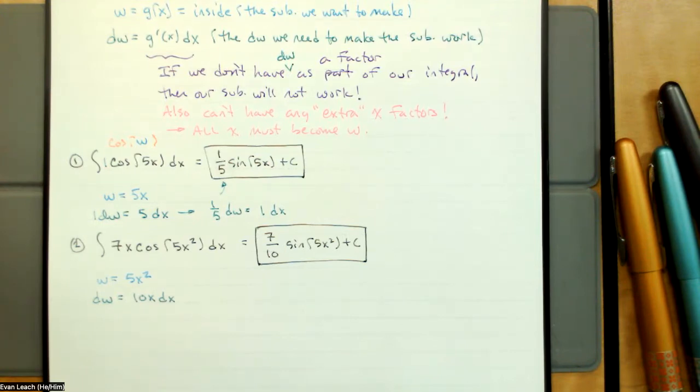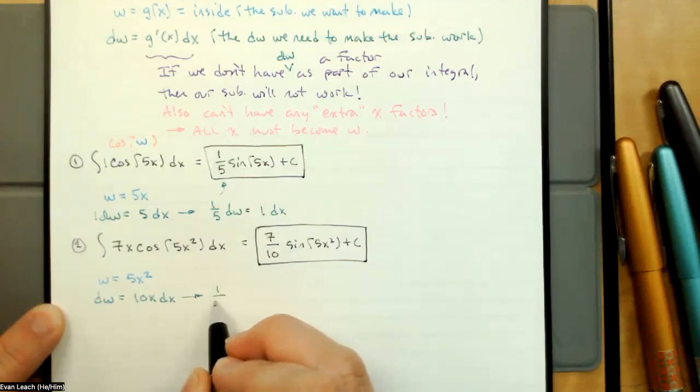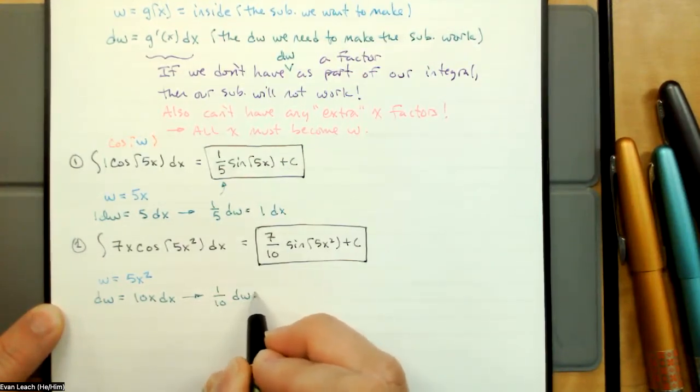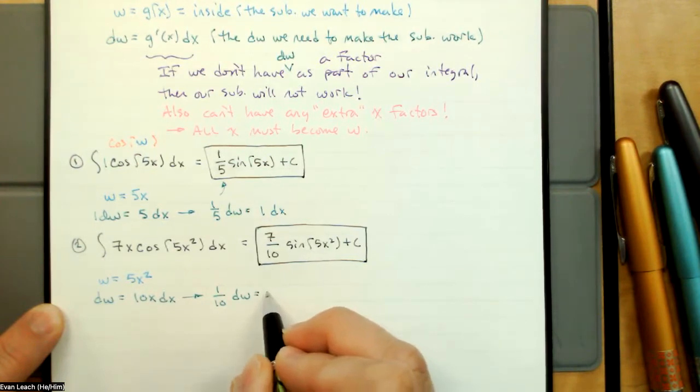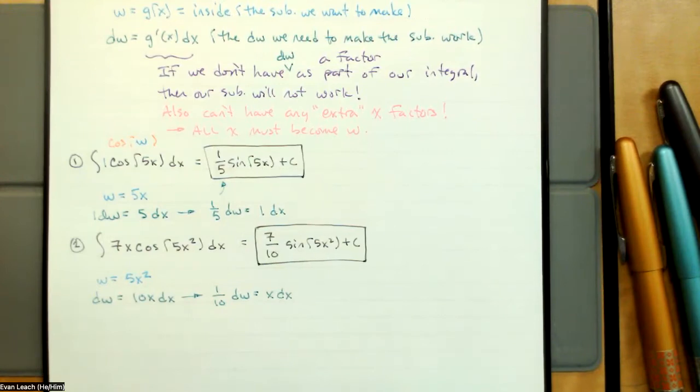So we notice that we don't have 10x dx, we've got 7x dx. So I'm just going to divide both sides by the 10. And 1/10 dw is an x dx.